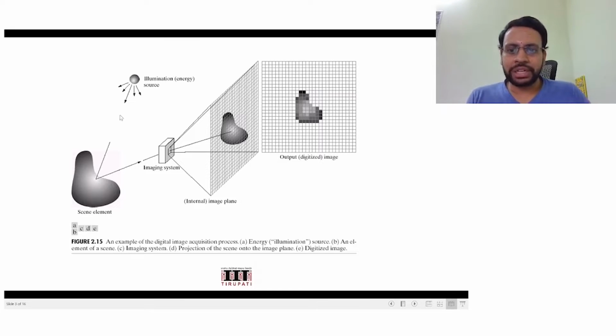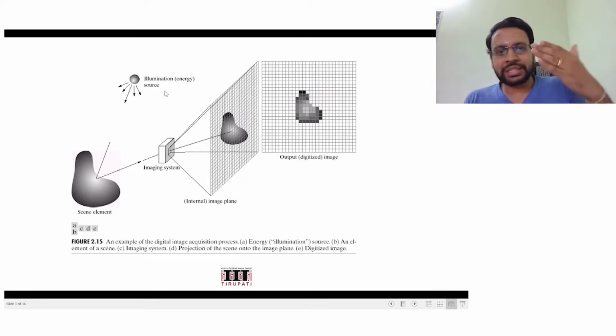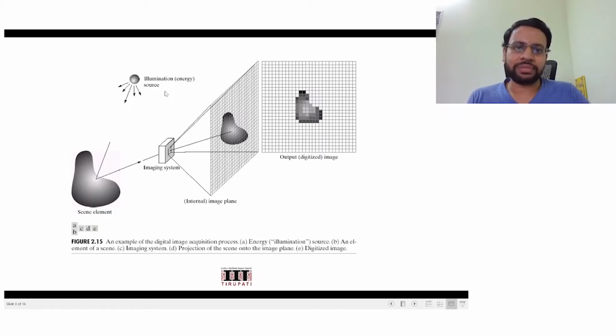So you have an object here and the source of light falls on it, and there is an imaging system, and this imaging system has sensors that can sense the intensity of the light falling over a specific area. That area is governed by the size of the array of sensors you have, and then you digitize the resulting values to get the digital image version of that.